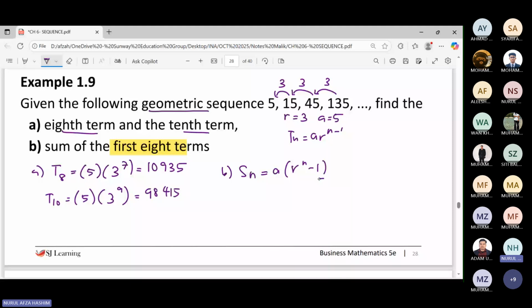So S8 is going to be: A here is 5, R is 3, power of 8 minus 1, divided by 3 minus 1. So this is how you get 3 power of 8 minus 1, and then multiply by 5, and then divide by 2. So you're going to get 16,400.